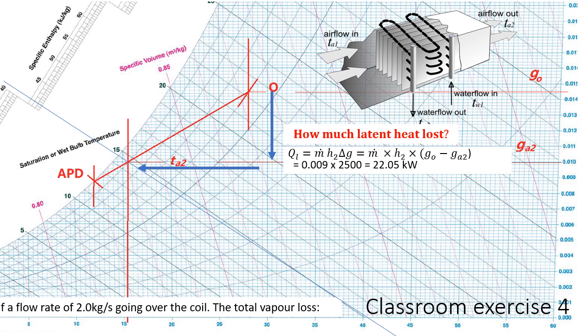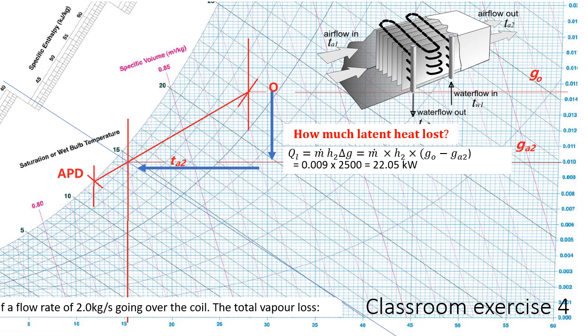So we calculate 0.009 kilogram per second, the generation of condensation, and multiply by the heat of evaporation, 2,500, and we have 22.05 kilowatt of latent heat, because this heat is lost in the form of lost moisture.